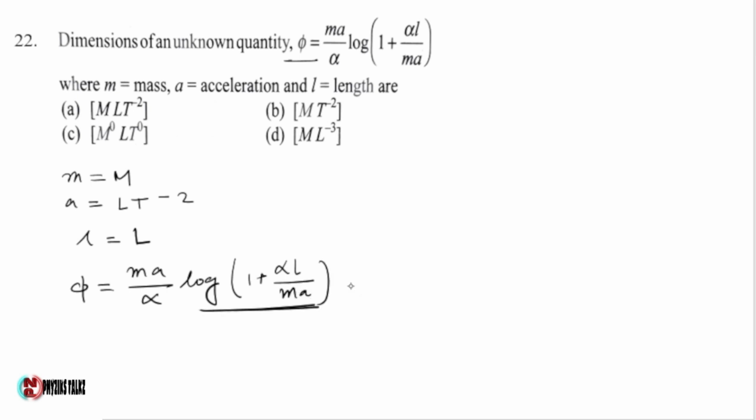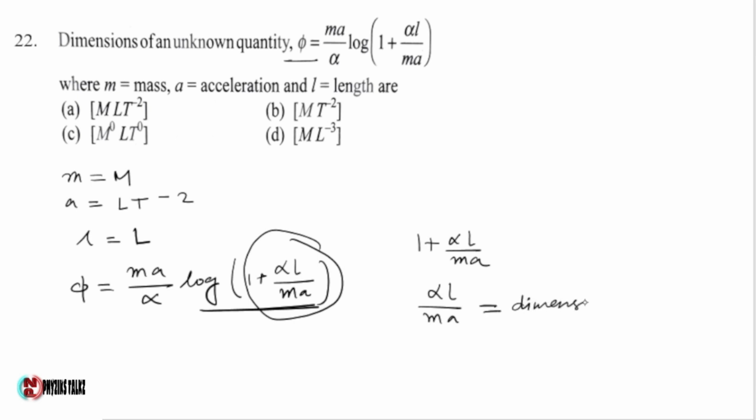Now this term is dimensionless and also this term is dimensionless. So 1 plus alpha l by ma is dimensionless, or alpha l by ma is dimensionless. So alpha l by ma equals 1, or alpha l equals ma, which gives alpha equals ma by l.